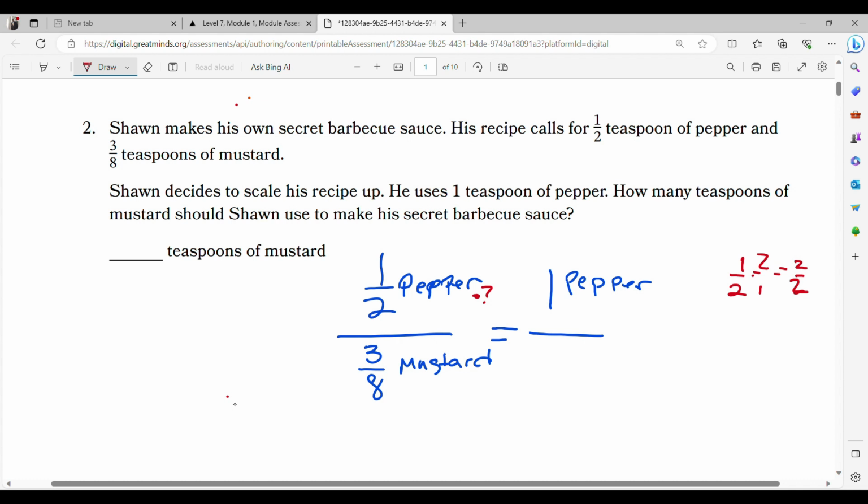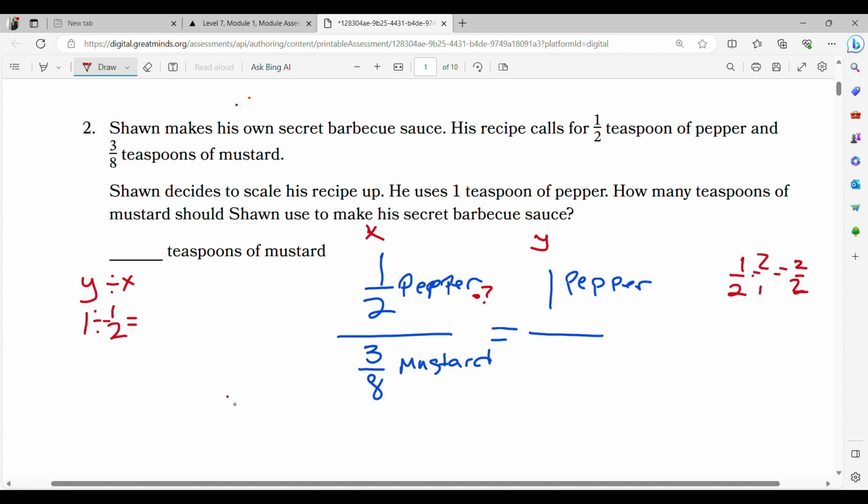If you wanted to check that, this becomes our X, and this becomes our Y. You would do Y divided by X, which is 1 divided by 1/2.